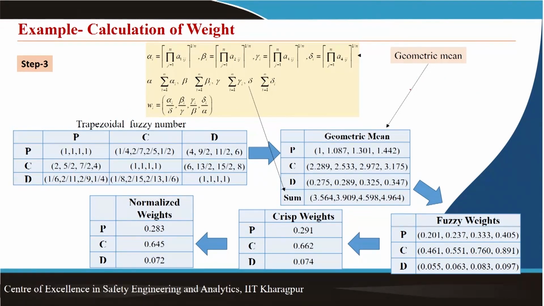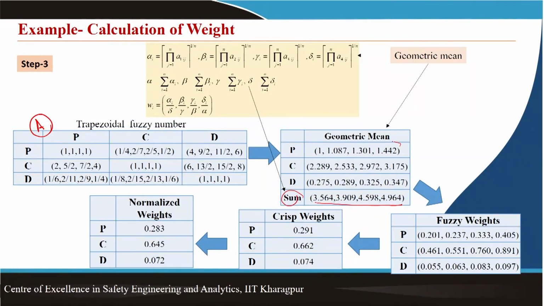We have used the A matrix, which is the fuzzy trapezoidal pairwise comparison matrix. From there, using the geometric mean, you found all the values, alpha i, beta i, gamma i, delta i, then alpha, beta, gamma, delta, which is the sum of things. Now we have made the sum, and we got this.